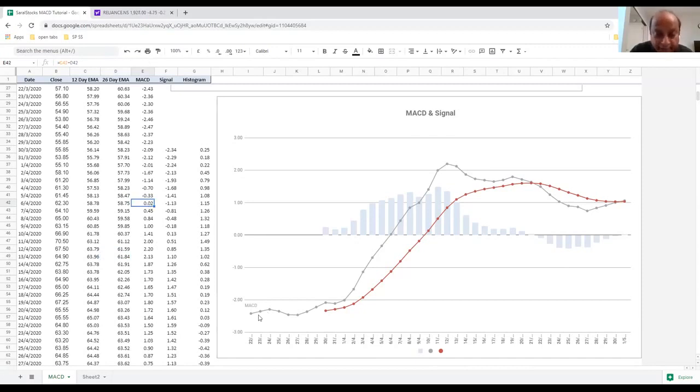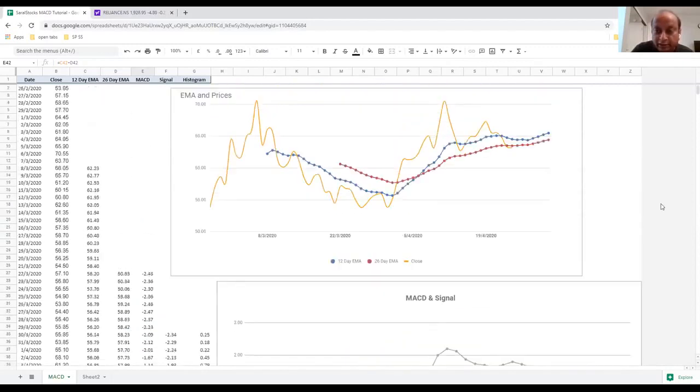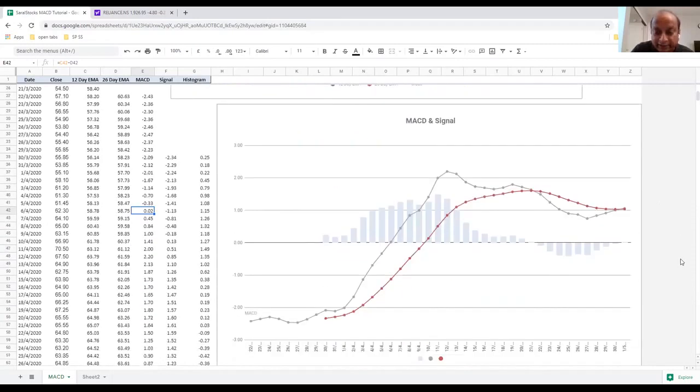So you don't need to go and look at the subtraction of these two numbers, or even at the two values here of the 12-day and 26-day moving averages. All you have to do is look at the MACD indicator, which is this value, and then you know that either it has gone into a bullish direction, or if it crosses downward, then it is a bearish direction. It's a falling trend.